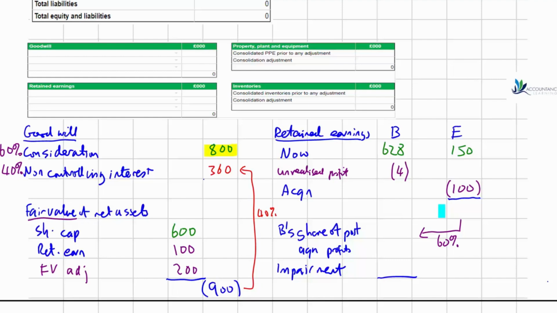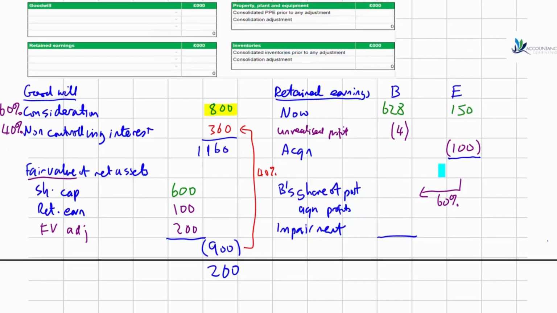So for Elegant, what's the total that everybody's contributed to own the business? We've paid 800, and the non-controlling interest have effectively paid 360. So collectively, we have contributed 1,160,000 towards the ownership of Elegant. Now, the value of the business is 900, and that means that goodwill is 260.